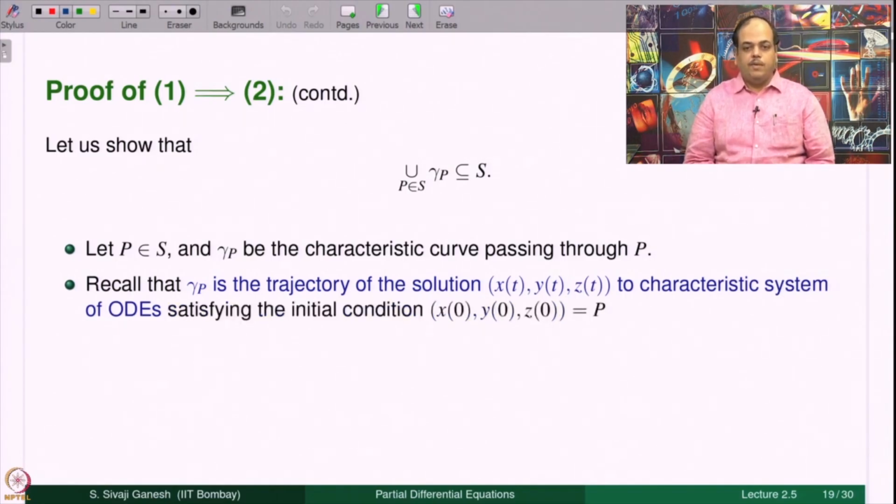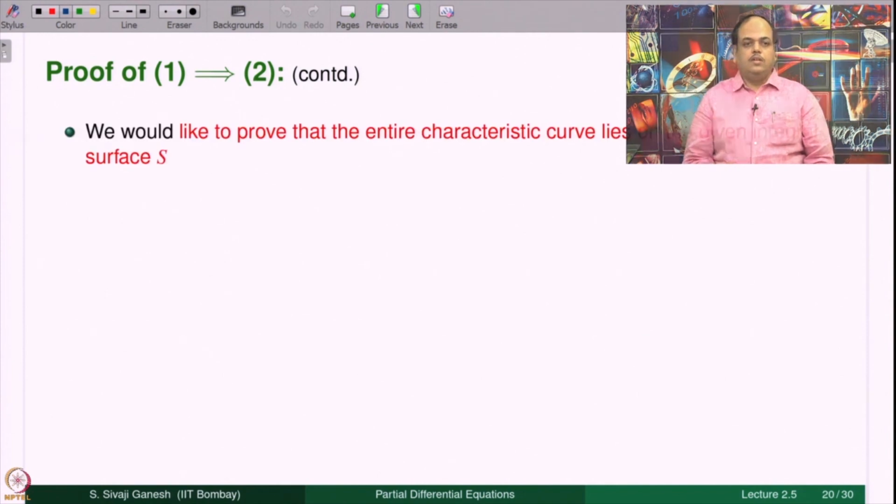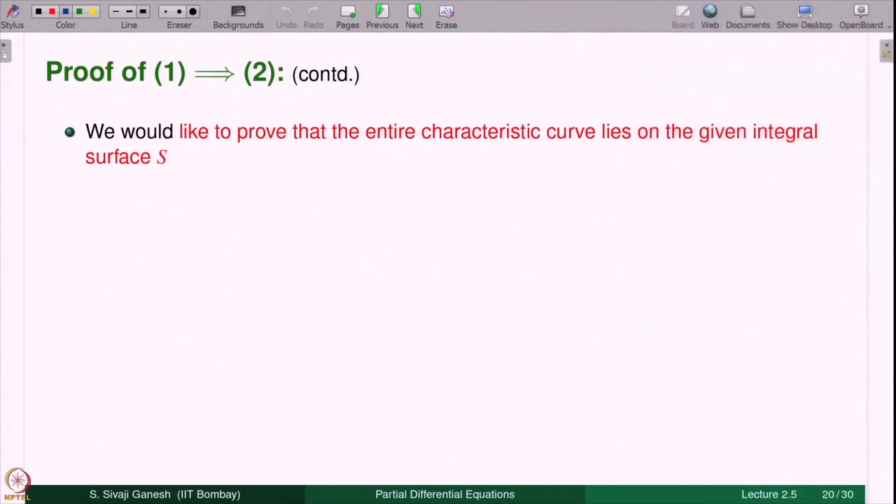At t equal to 0, it passes through the point P. So, (x0, y0, z0) is P, defined on an interval J. At this stage, we do not know how big the characteristic curve is, except that such a curve exists through P and nearby P. So, we would like to prove that the entire characteristic curve lies on the given integral surface S. That is, the third component is a function of the first two components: z(t) is equal to u(x(t), y(t)). This holds for every t in J. We would like to show this.